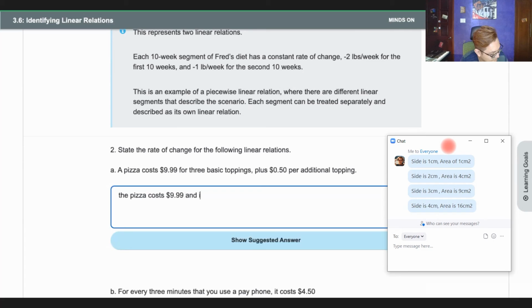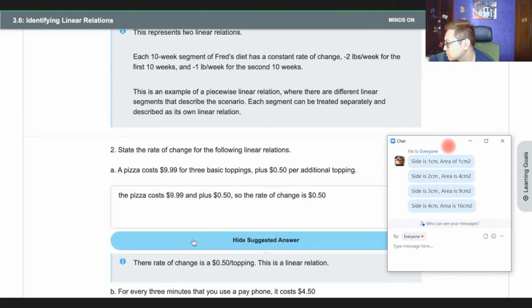And plus $0.50. So the rate of change is not $0.5 then. Yeah, so the rate of change is $0.50.